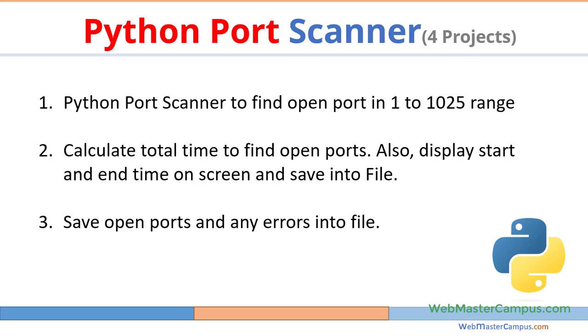Then we need to save open ports, and any errors, into the same file so we can check it later. These are the requirements of our Python project that we are going to develop.